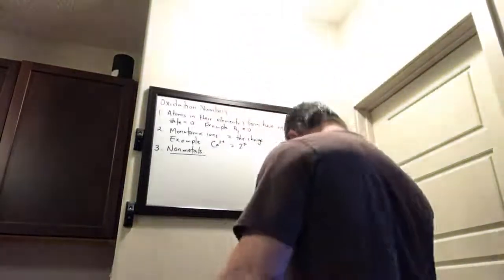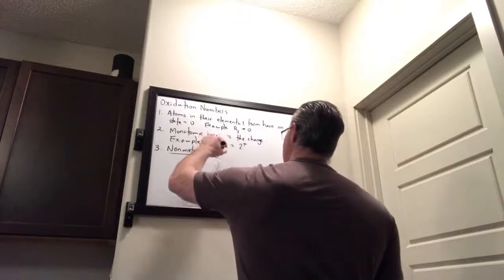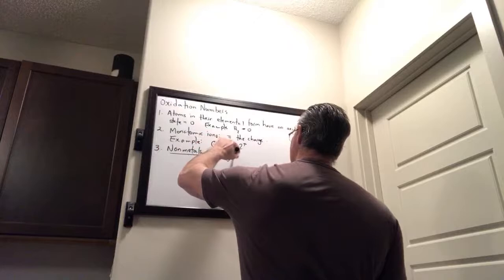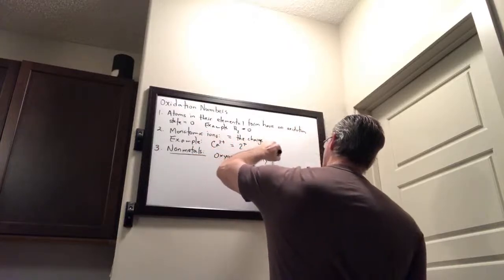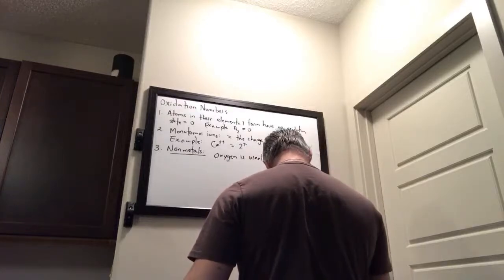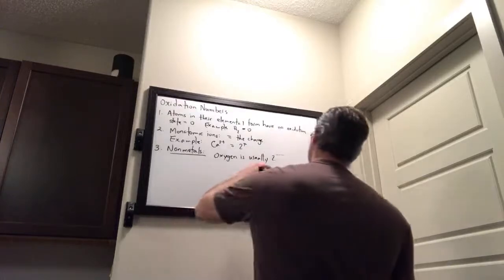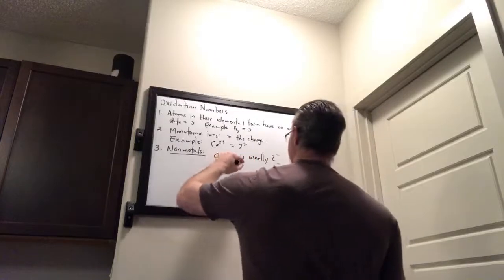So oxygen is usually -2 oxidation. It's -1 in peroxides.